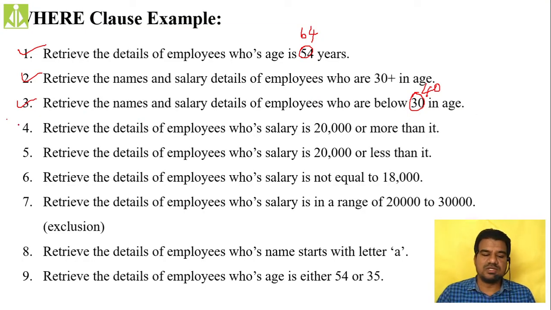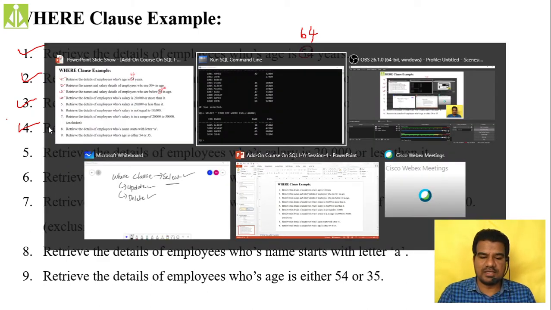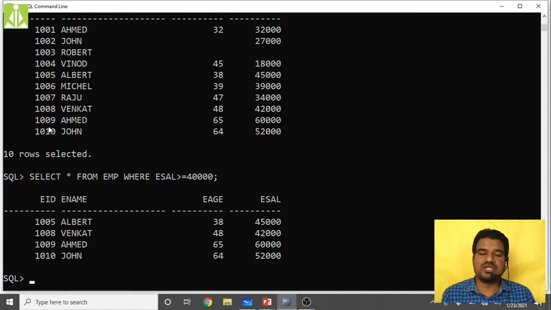The persons whose salary is 20,000 or greater, we did it. Next, the fifth query: retrieve the details of employees whose salary is 20,000 or less than it. We want the details of all those employees whose salary is 20,000 or below.